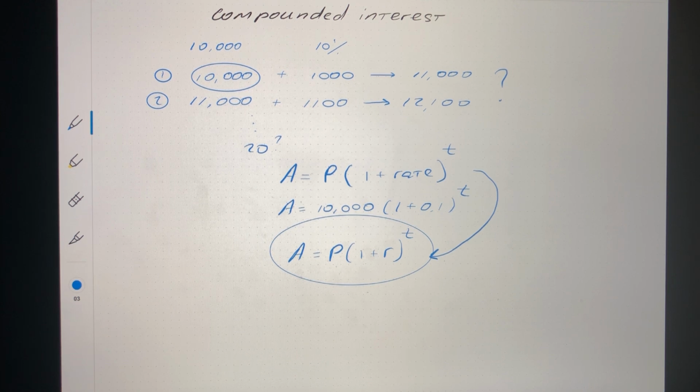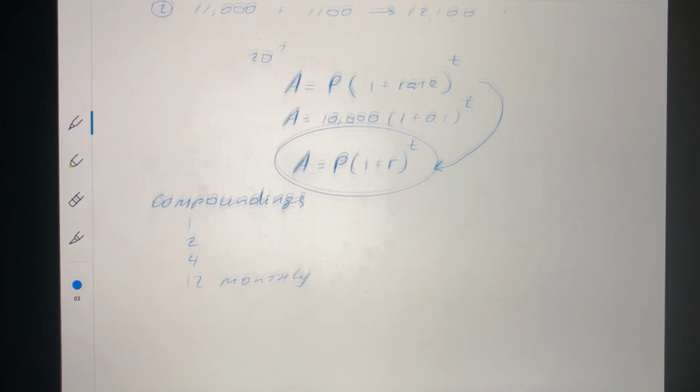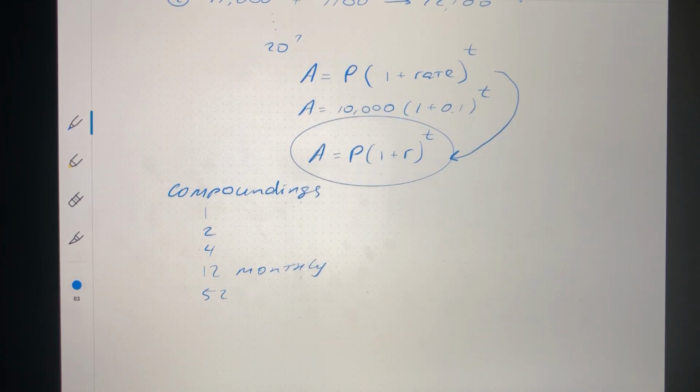So the compounding could be once a year, twice a year, 4 times a year, quarterly, 12 times a year, monthly, could be weekly, that would be 52 compoundings, and daily, 365. So depending on what setup we have, we would need to use a different rate. We have to adjust the rate.